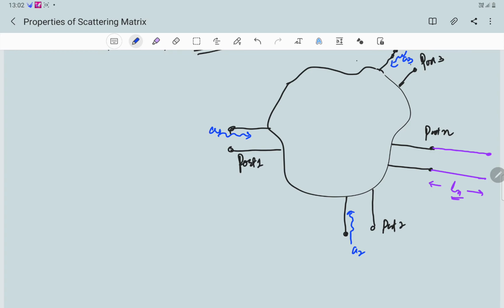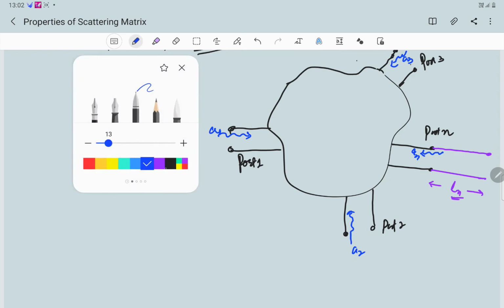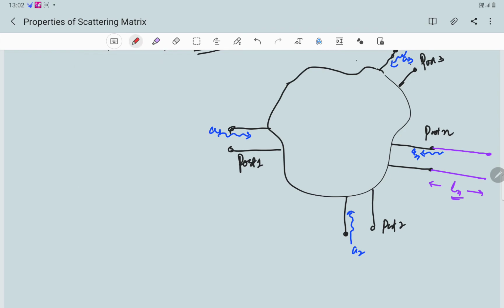Likewise at port N, AN as incident wave. And the reflected wave is BN, shown in red color. This is B1, the reflected wave here. This is B2, the reflected wave at port 2. And this naturally is the reflected wave at port N.